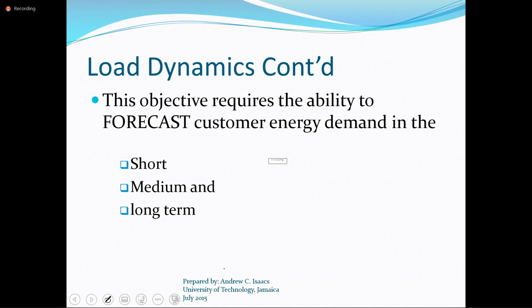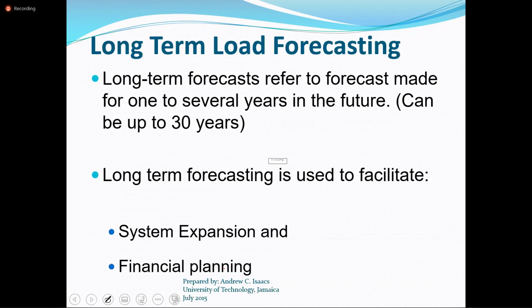Right? So from a long-term standpoint, I was going to say the utility, which is usually the case, the utility will do their forecasting for up to 30 years.